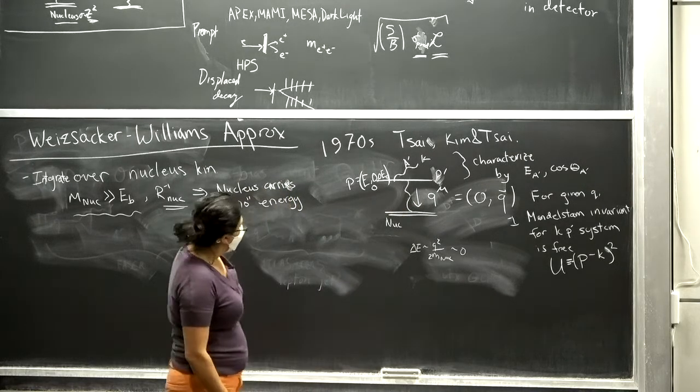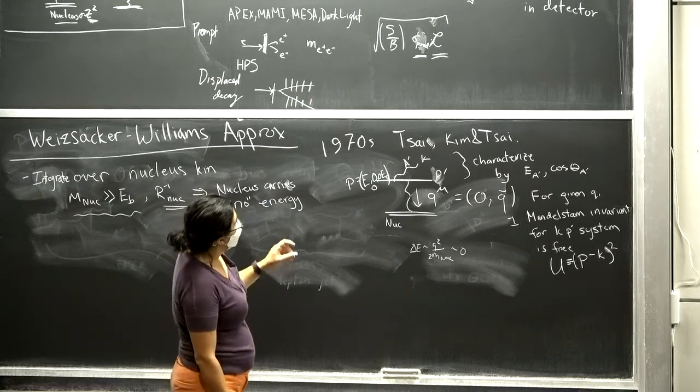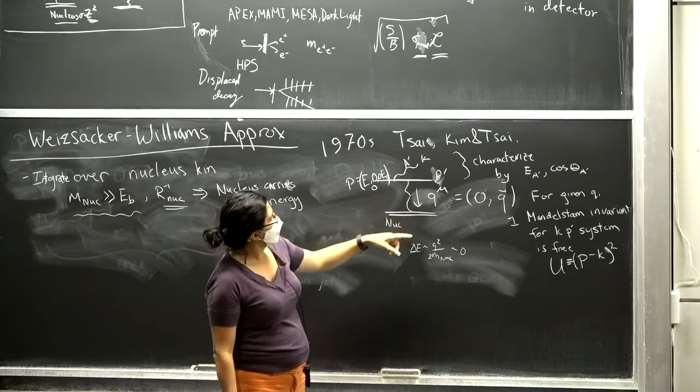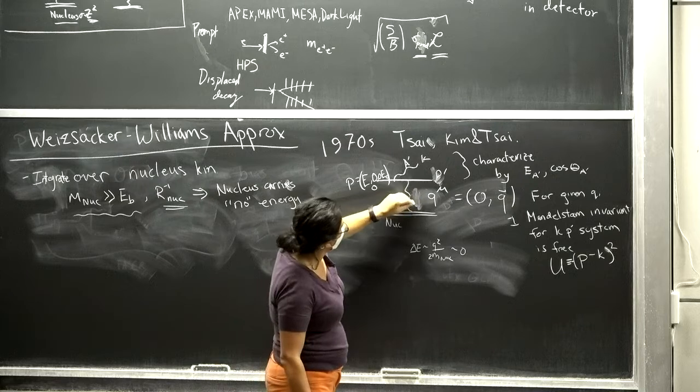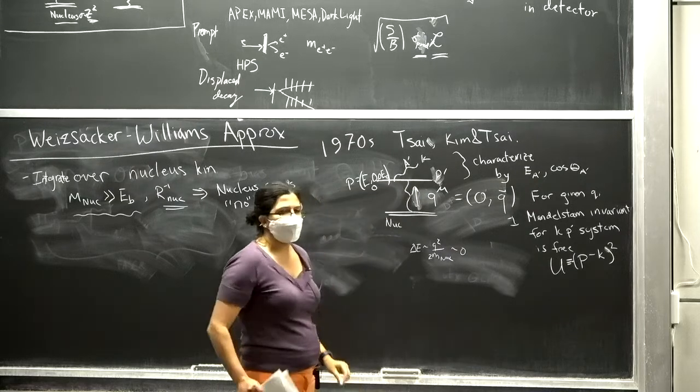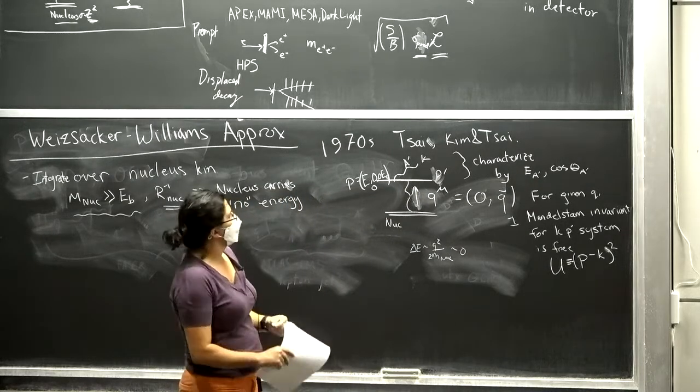If you ask how much Q do you need, maybe it would have been more useful for me to have my Q go this way so that I can think of it as at least imparting CM energy.